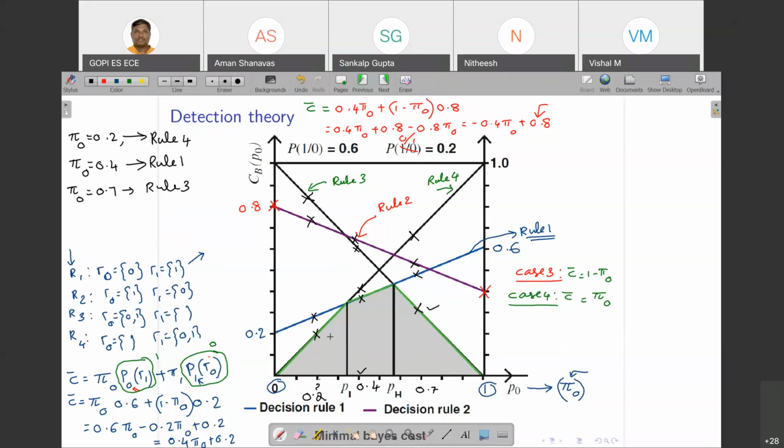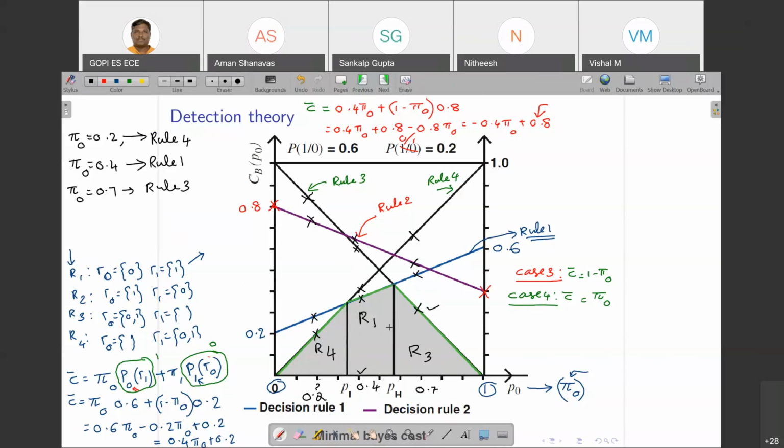So you are going to have three parts. The first part is rule 4, and the last part is rule 3. In between, for this particular case, it ends up with rule 1. For some other channel matrix, this will end up with rule 2.